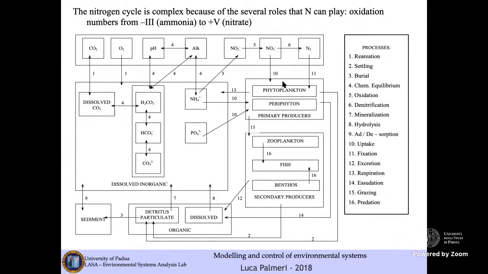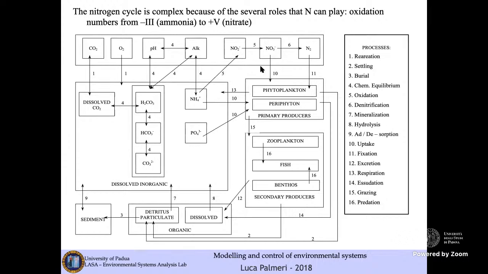Then you have several processes, for example, process 10 to 11, uptake. So you talk of uptake by, for example, algae of nitrate, or you may talk of fixation by bacteria of gaseous nitrogen, for example, into phytoplankton or periphyton and so on.